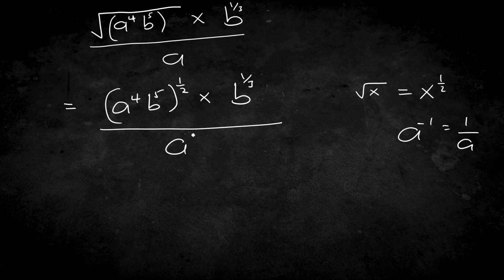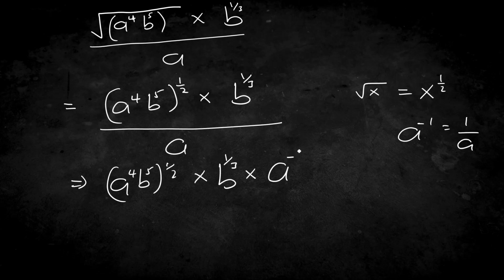So this over a can be written as a to the power 4 b to the power 5 all raised to half, times b to the power 1 on 3, times a raised to negative 1 so that it will be linear. Right, so let's go ahead and simplify what is here.